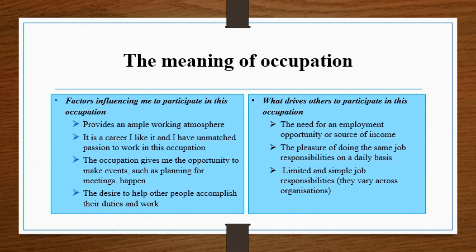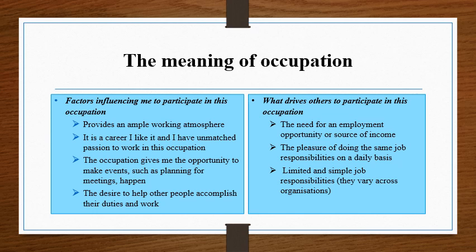What are the factors that influence me to participate in this occupation? The primary reason why I chose to participate in this occupation is that I like it and I have unmatched passion for it.